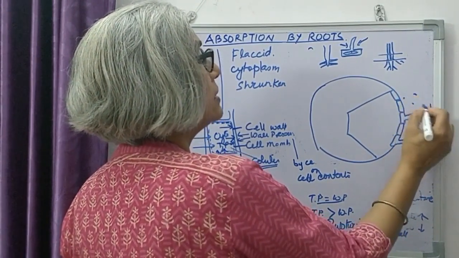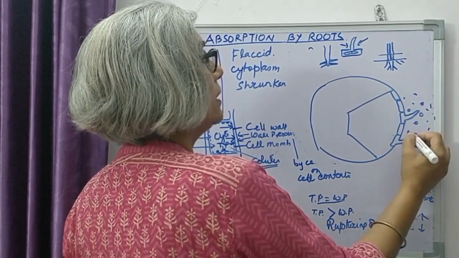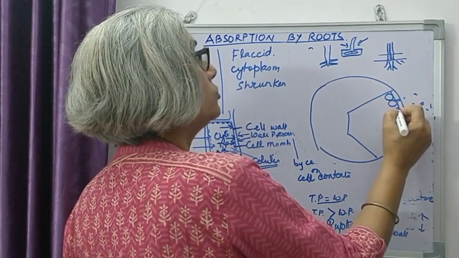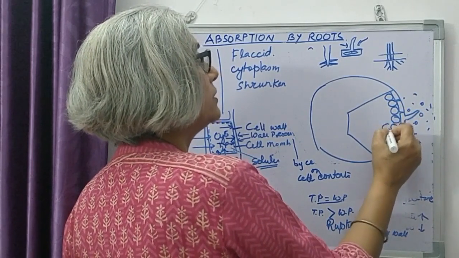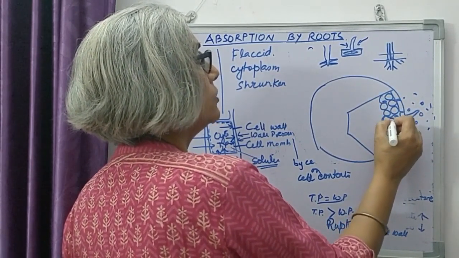Soil particles are there and water molecules are present in the soil like this. Then we have several layers of cortex with large intercellular spaces in between them. These are layers of cortex.